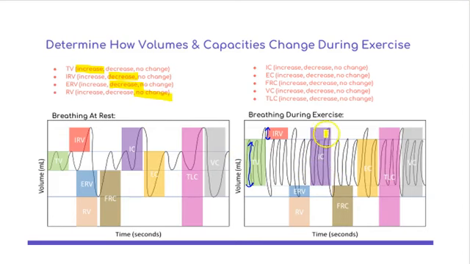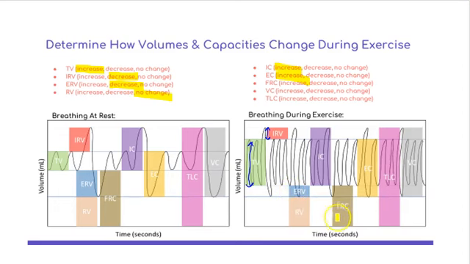IC is the amount of air that we normally and deeply breathe in. When the TV has increased, it means our IC should be increased as well. How about the EC? Again, EC is the amount of air that we normally and deeply breathe out. Because our TV is increased, there should be an increase in EC as well.